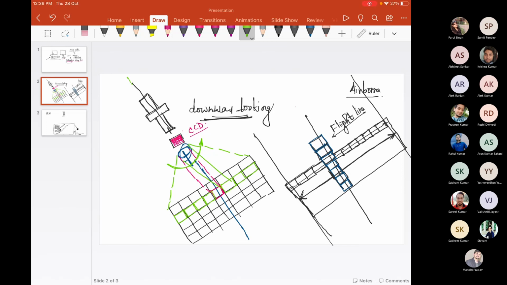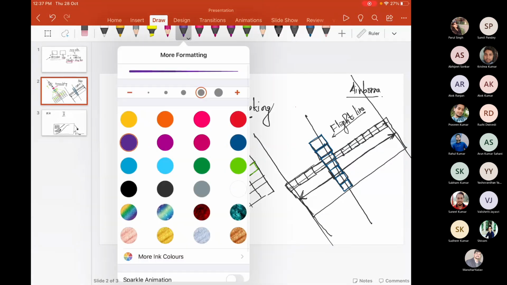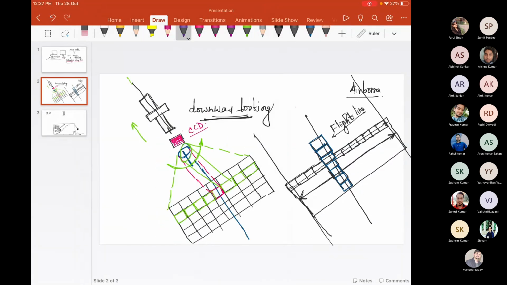No. What happens if you provide a rotation over here? At the same time, the platform also moves forward. Okay. So the way the pixel information is captured, it is not perfectly across the flight line.